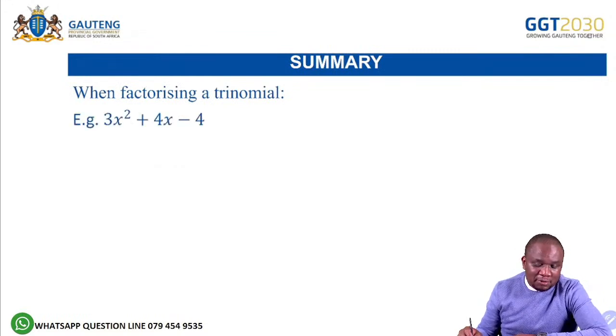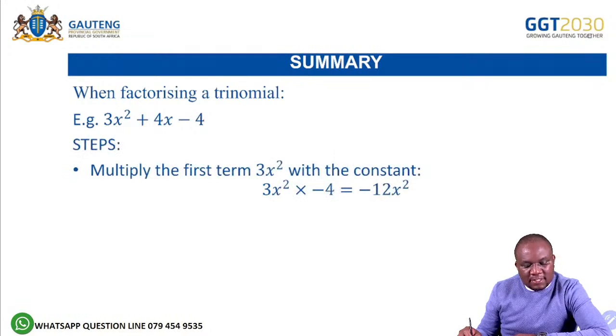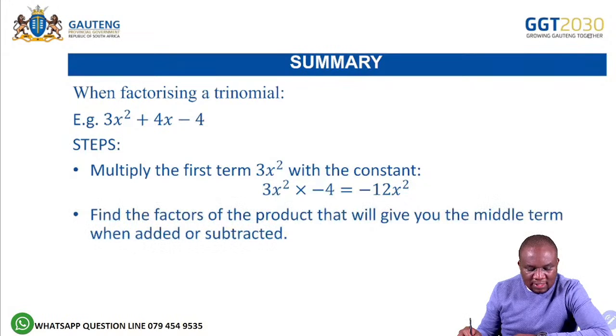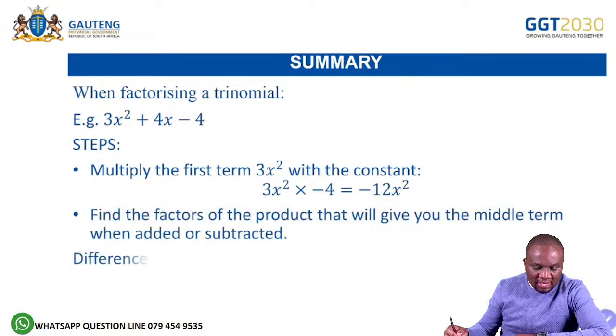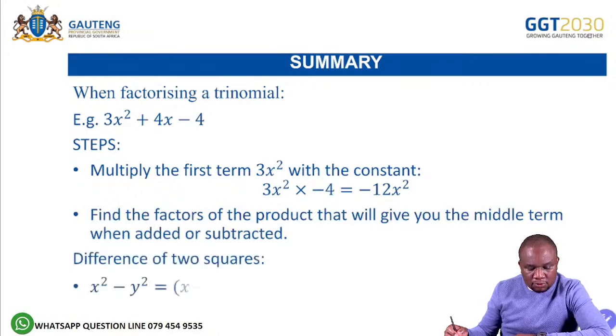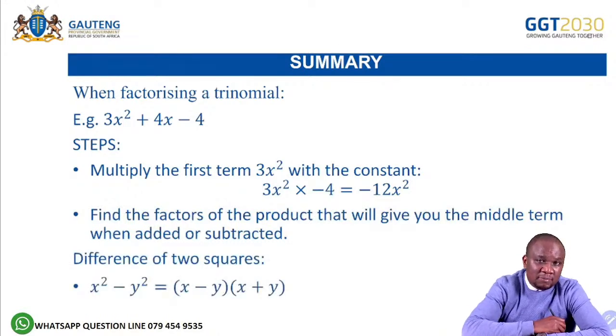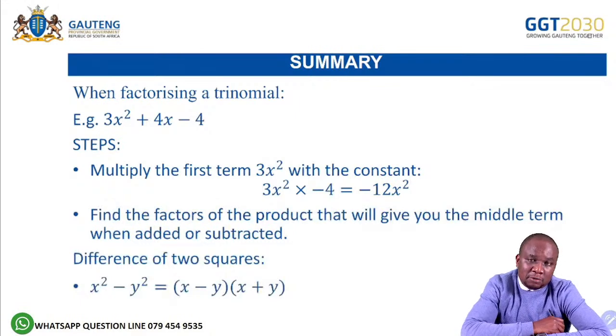E.g., this trinomial, we say that we multiply the first term, which is 3x squared, with the constant, and then we get the answer, and then find the factors of the product that will give you the middle term when added or subtracted. That is the second method. Remember that? Okay. And then we also learned about the difference of two squares. We say that x squared minus y squared is factorized to give us x minus y times x plus y.